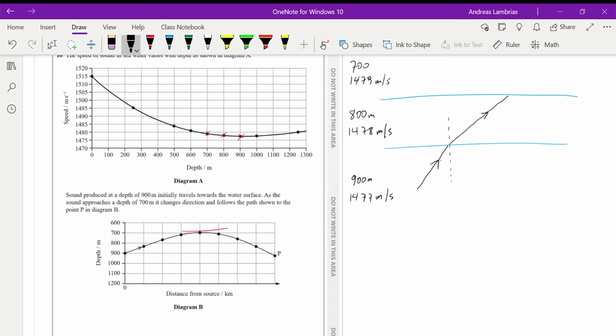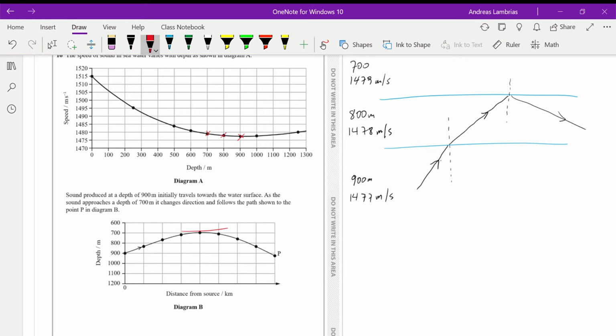Now, at this point on the second diagram, we can see that when it reaches 700 meters, it changes direction and starts going deeper again. So what do you think happened in that case? In that case, apparently we don't have refraction anymore, but we have total internal reflection. And when does total internal reflection happen?